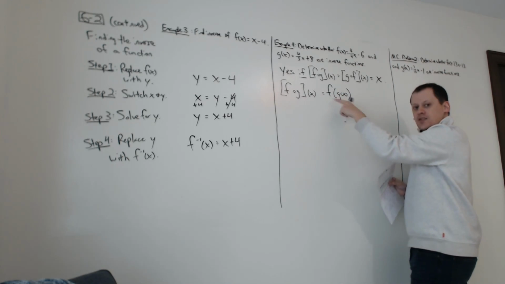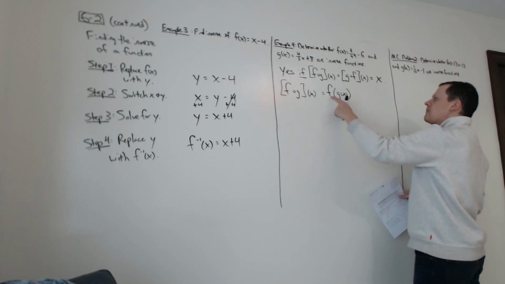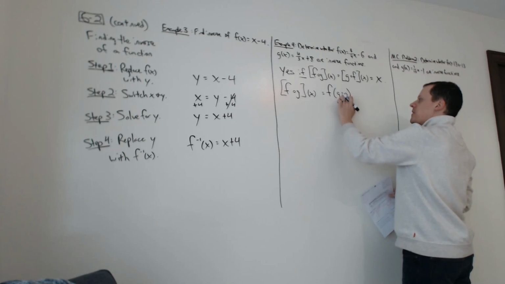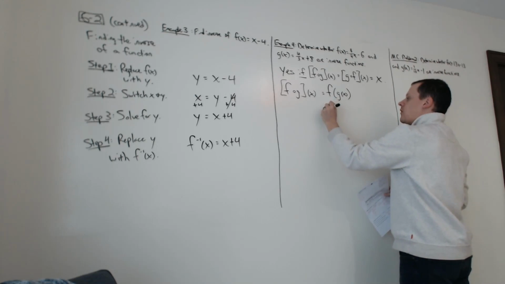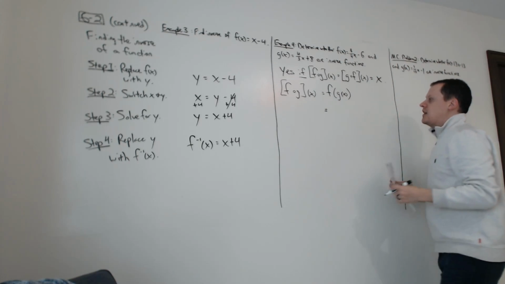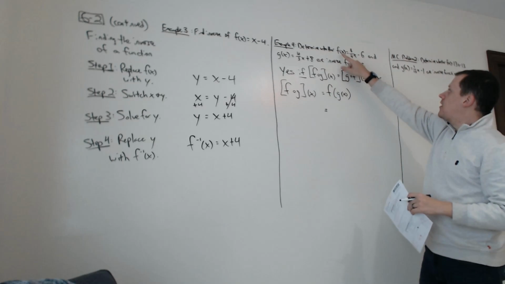I like writing it this way, and you'll see why in just a second. I'm going to make this a little cleaner. It's an x in parentheses there. What this is telling us to find is we want to use the function f, which is this one.